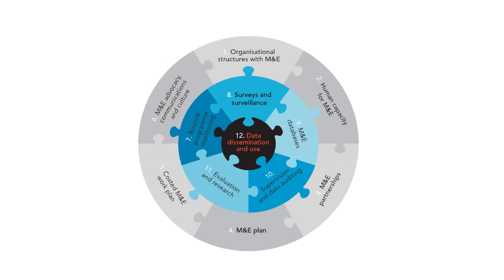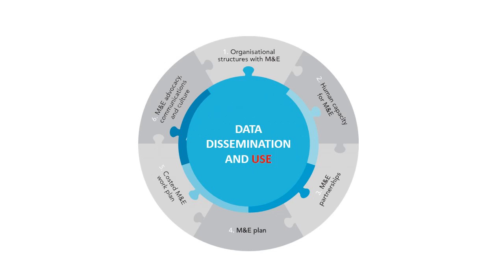And in the end, this would all be done in a routine manner. So all of these together culminate in what's shown in the center, which is the dissemination and use of data, which is the purpose of what we're going to present during this training course. How are we going to collect, disseminate, and use our data to improve our monitoring and evaluation within the Ascent program?